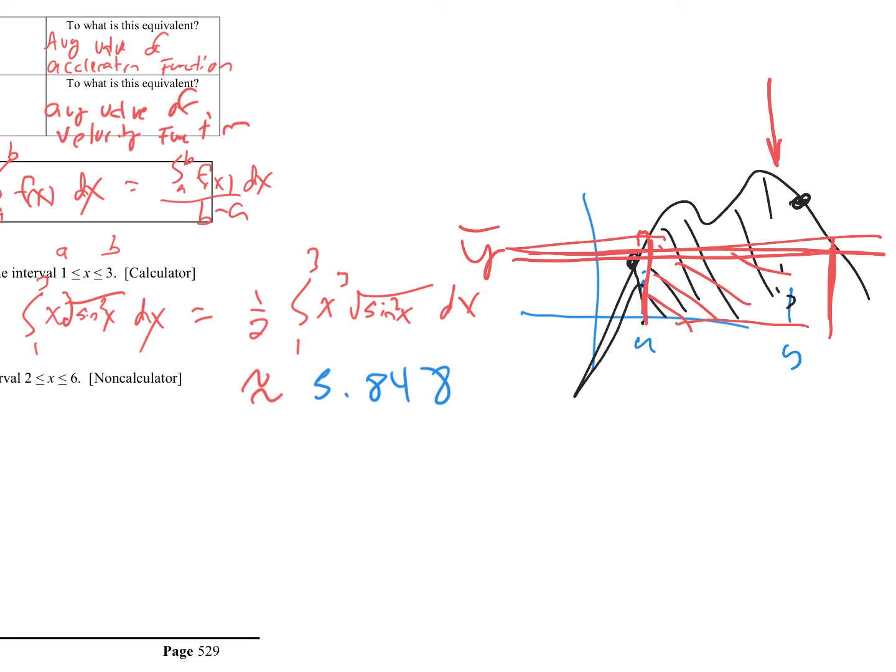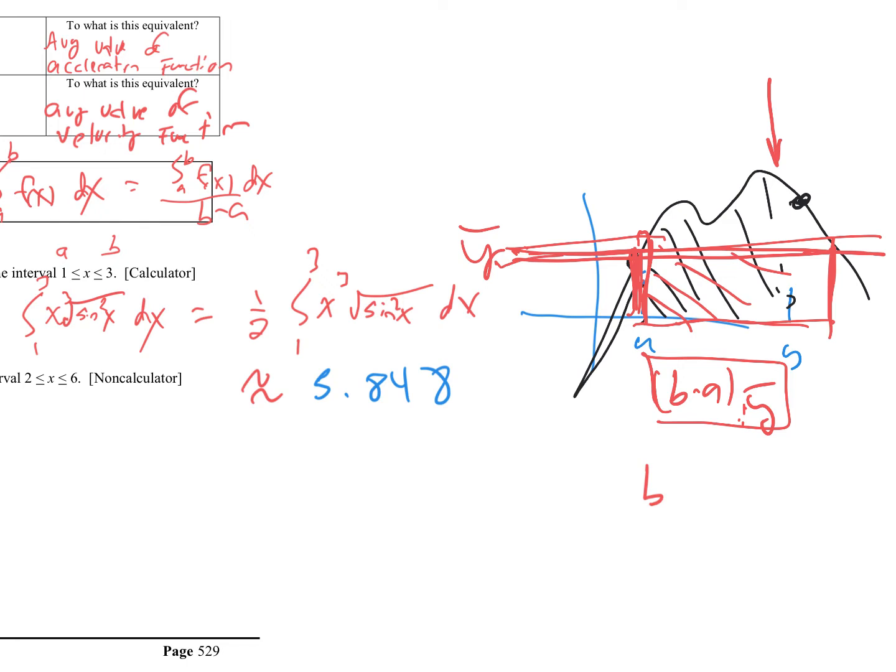This is my rectangle with the length of b minus a. And how high am I going? That's my height, whatever that y value is. I'm squishing it into this rectangle.